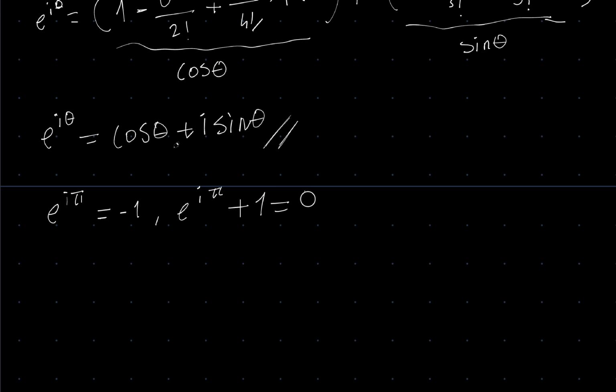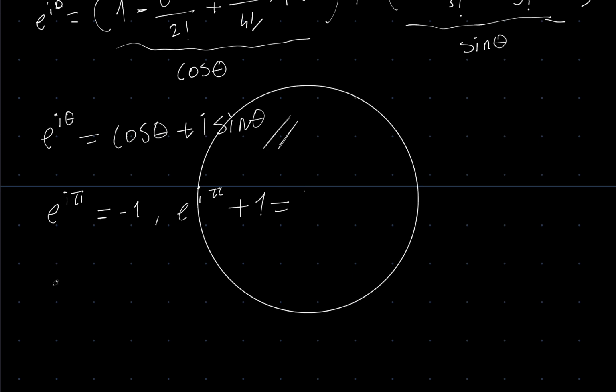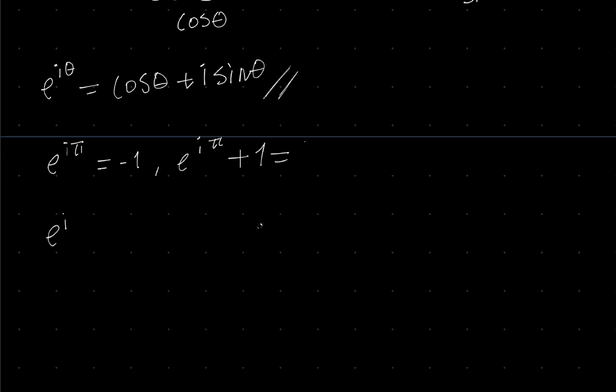So it actually comes from this equation. For this we have a pi instead of theta. Let's write this pi then. Cosine pi plus I times sine pi. Okay, we all know that.